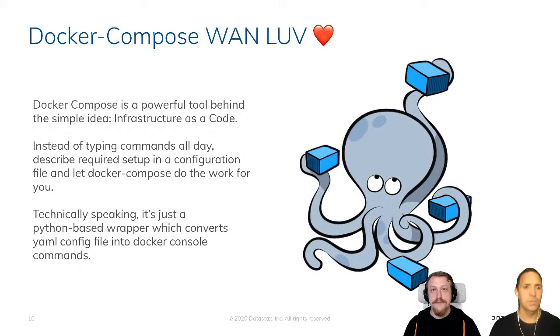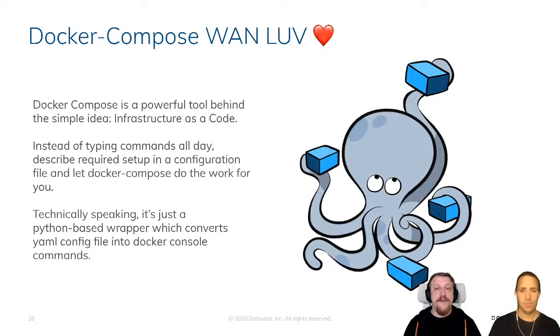Docker Compose is a very powerful tool based on a very simple idea: infrastructure as code. When we speak of infrastructure as code, we usually speak of things like Terraform or CloudFormation or, I don't know, Cloud Manager from Google Compute Platform. But the general idea is the same.